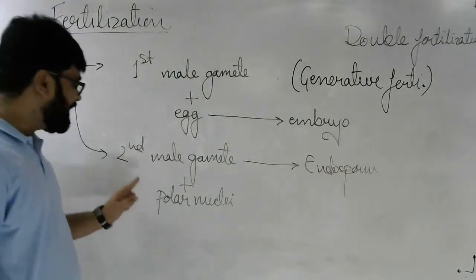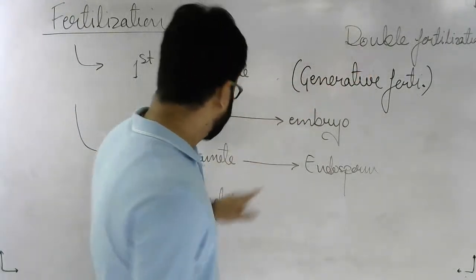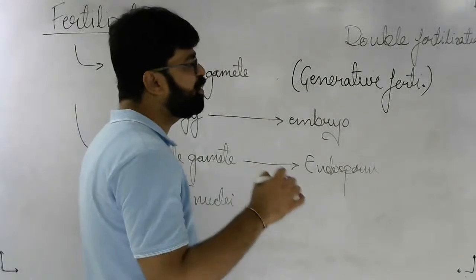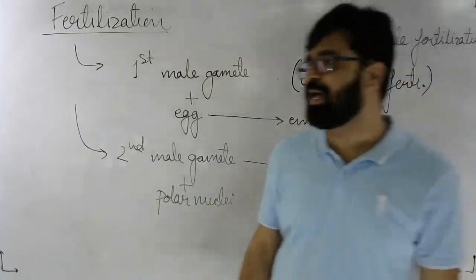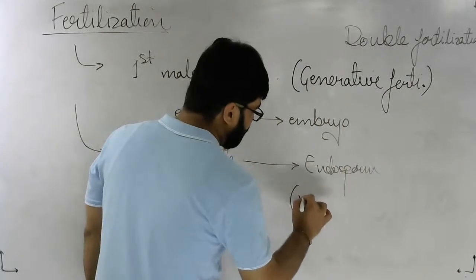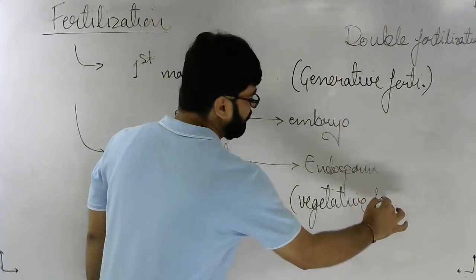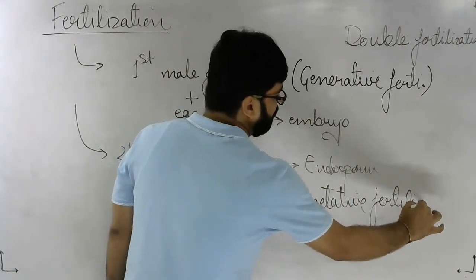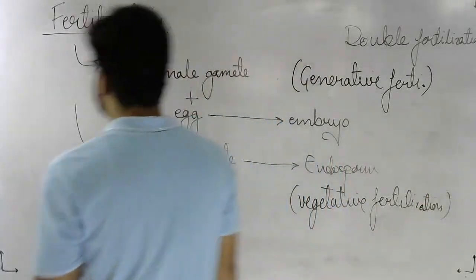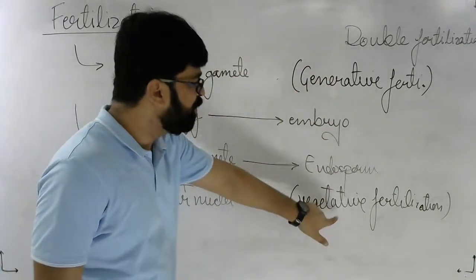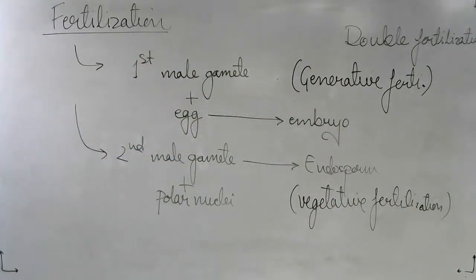The second fertilization is known as vegetative fertilization because it is not leading to embryo formation. That's why it is called vegetative fertilization. So double fertilization involves these two different types of fertilization. I hope it is clear to everyone. Yes, please remember this.